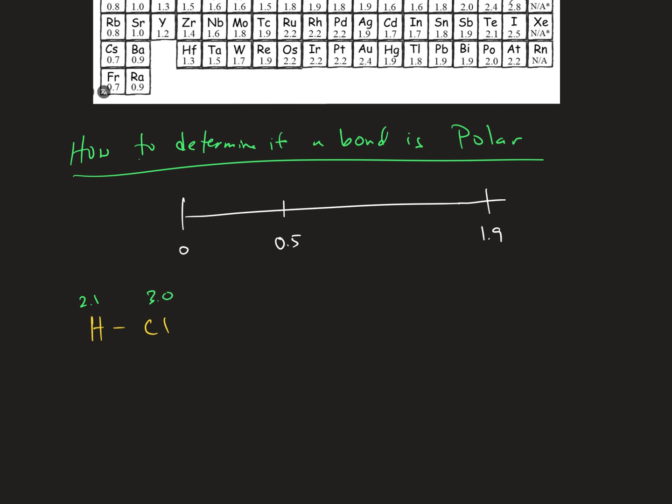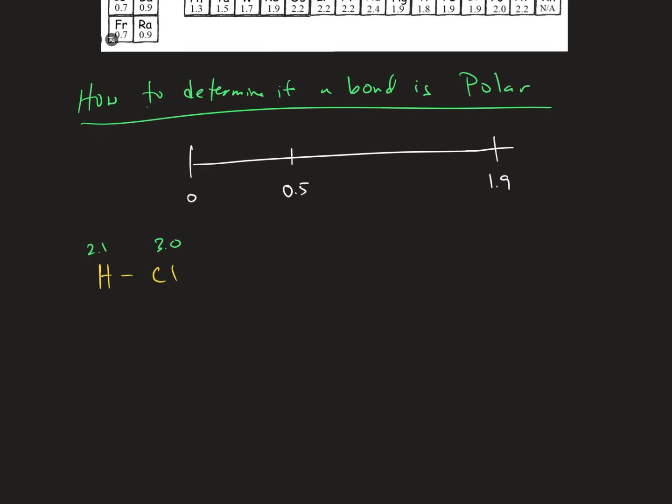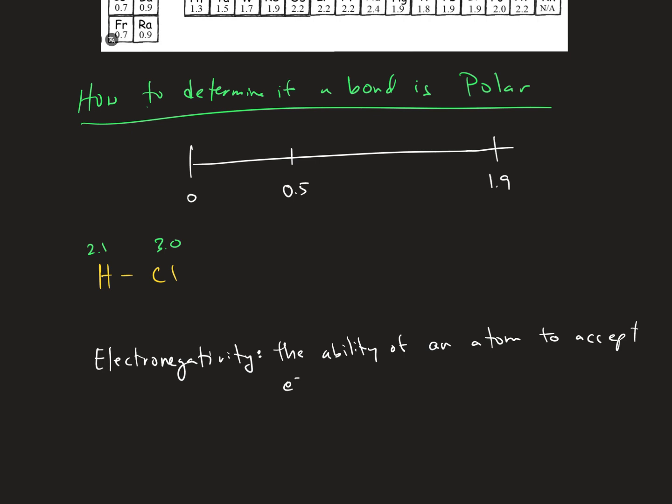So electronegativity, let me give you that definition too. Electronegativity is the ability of an atom to accept electrons during a chemical reaction.